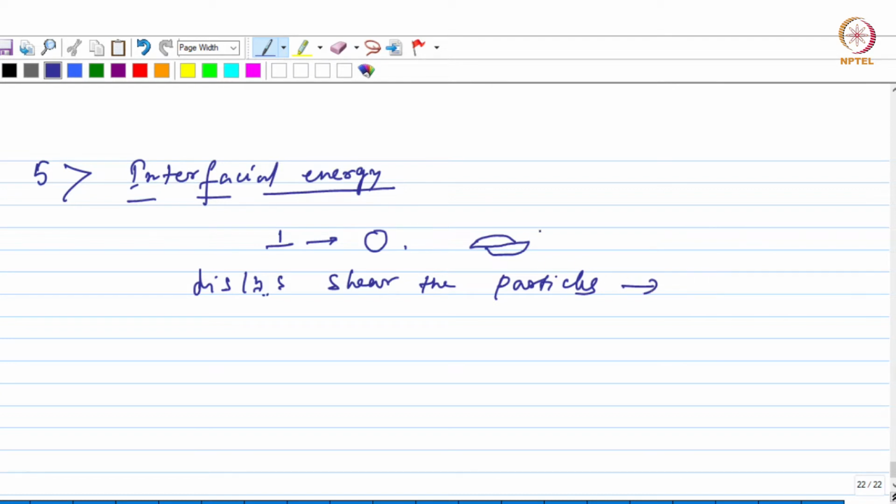Right? When the particle is sheared, it creates a step here at the particle-matrix interface, and the magnitude of this step is 1 Burgers vector. And this leads to an increase in the surface area, and therefore an increase in the surface energy also.